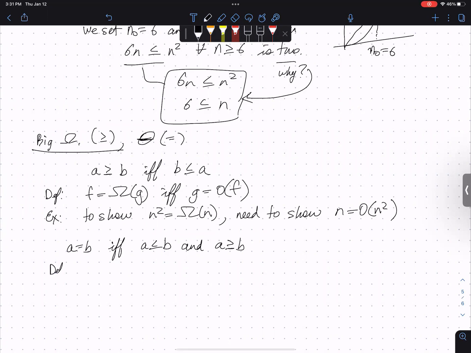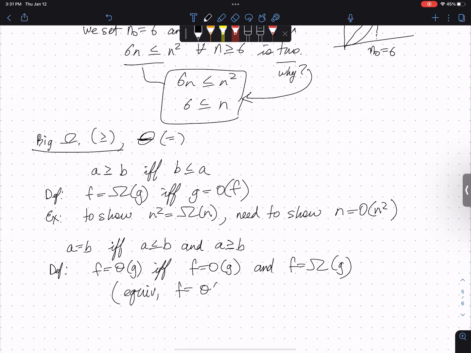The definition: f is theta of g if and only if f is big O of g and f is omega of g. Equivalently, f is theta of g if and only if f is big O of g and g is big O of f. We just applied the definition of omega to convert this to this. Both are equivalent.